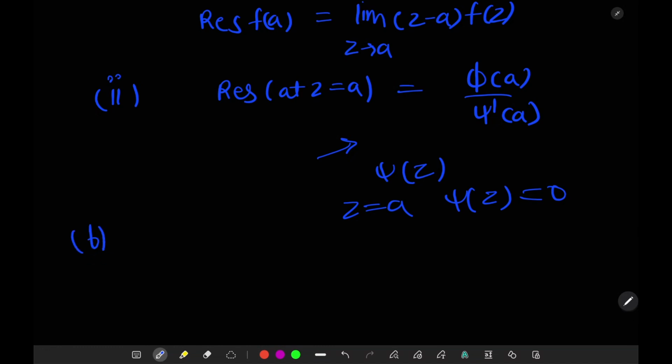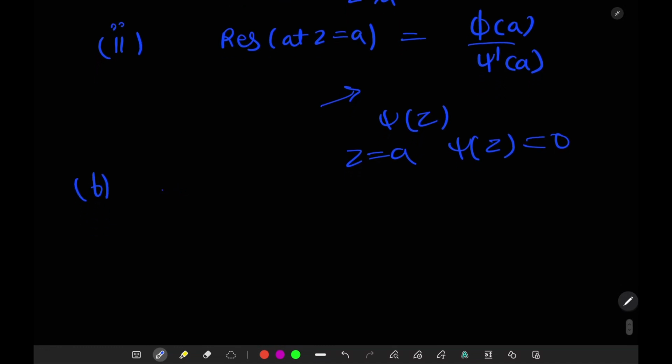Now the second method, residue at a pole of order n.